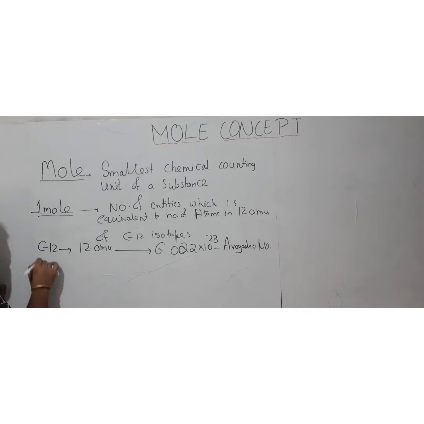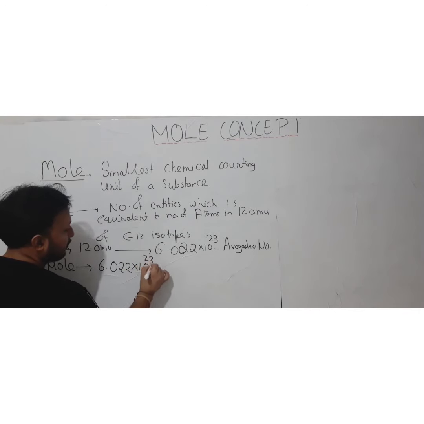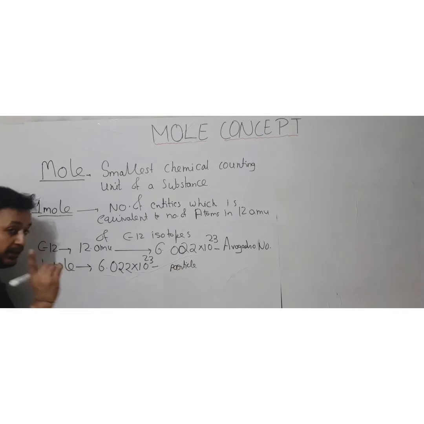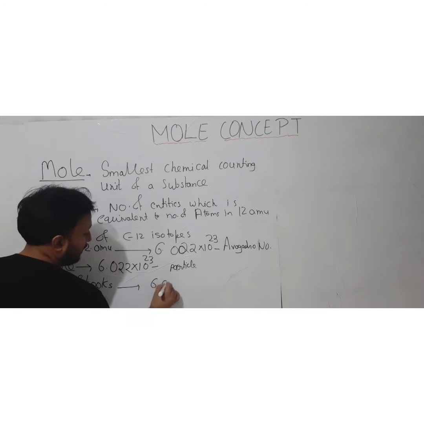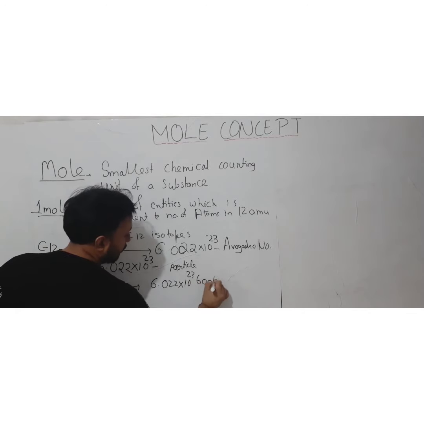It means we can say that 1 mole of any substance, I'm saying any substance, will have 6.022 into 10 raised to power 23 smaller particles of which it is made up. I will give you an example. If I am talking about 1 mole of books, then 1 mole of books means 6.022 into 10 raised to power 23 books.